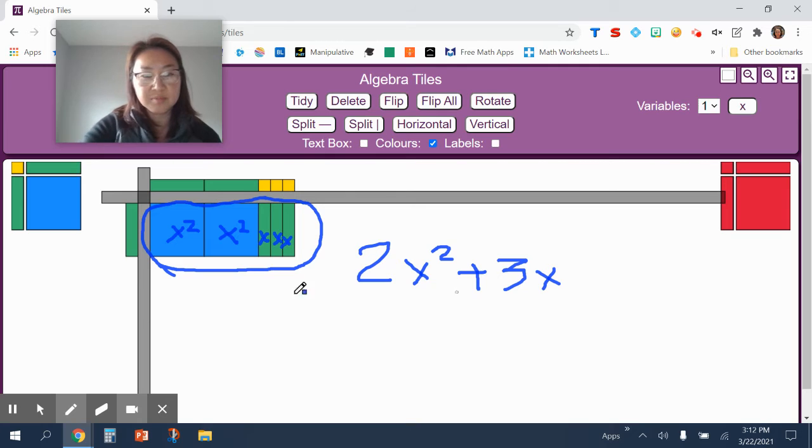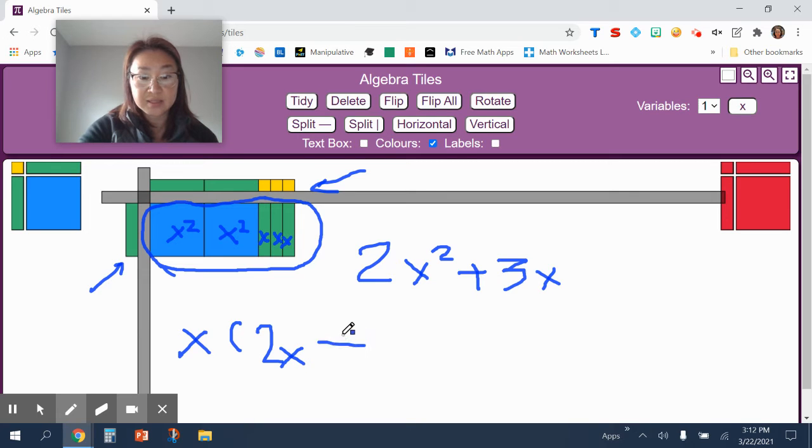And what did we multiply? We multiplied x times 2x plus 3. That's how we can use our algebra tiles to multiply binomials.